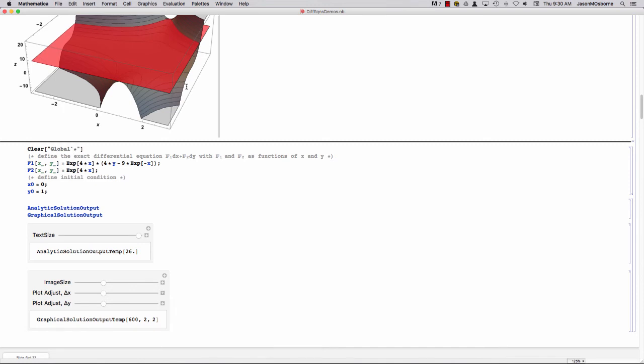Does the partial derivative of f1 with respect to y in fact equal f2 with respect to x? f1y is equal to f2x. f1 with respect to y is equal to 1, f2 with respect to x is equal to 1, and since they are equal, you knew that there was a potential function. So that tells you that we have an exact equation.